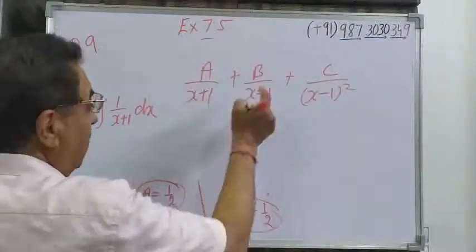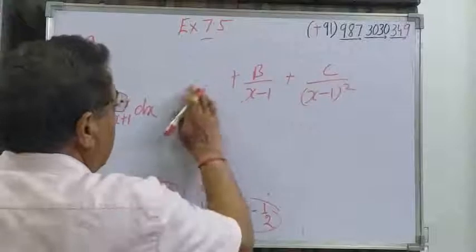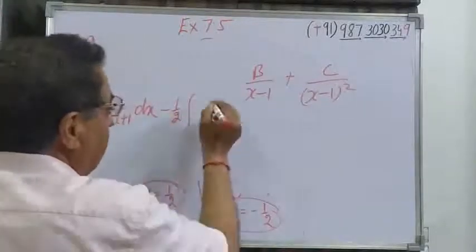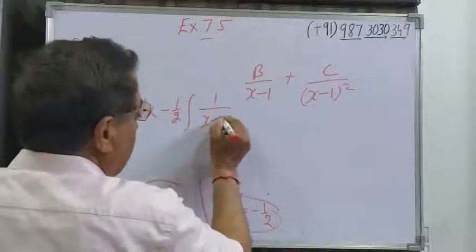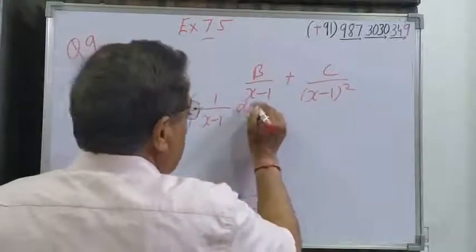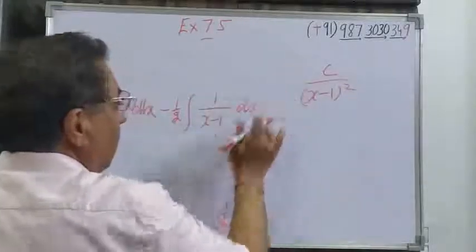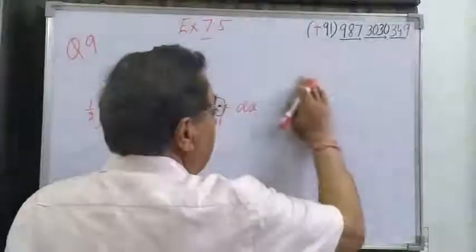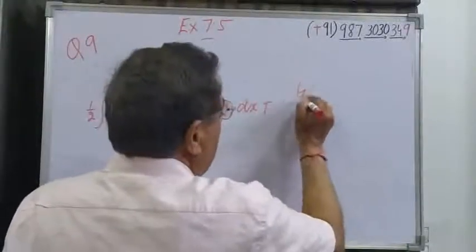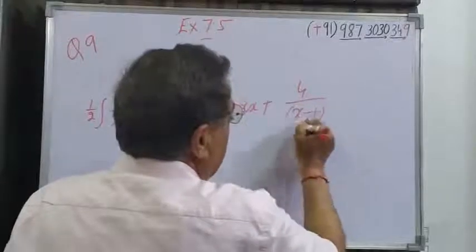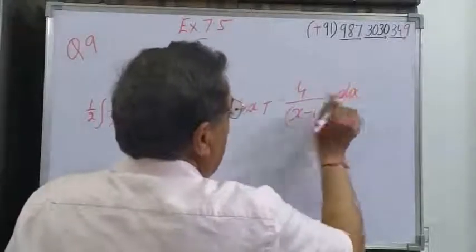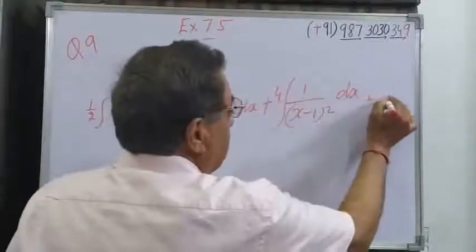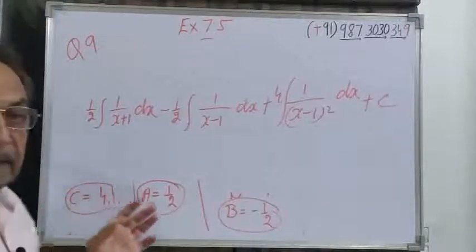For b, minus 1 by 2 integration of 1 upon x minus 1 dx. Now for the value of c, we have got 4: 4 upon (x minus 1) whole square dx. Or 4 you may write outside this one, plus c. Now the question has been resolved.